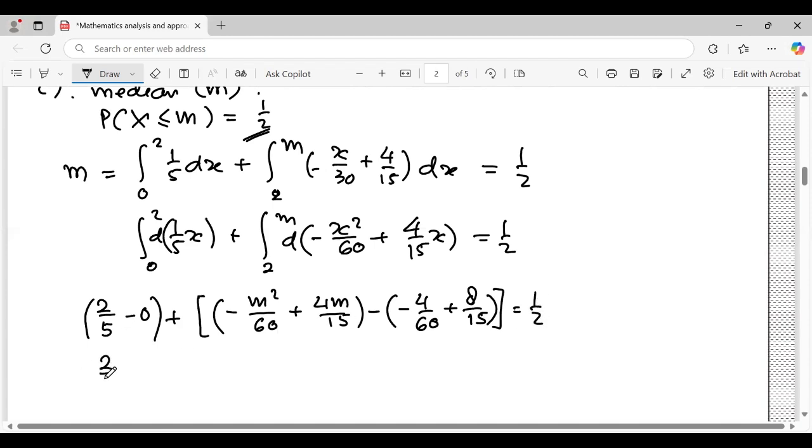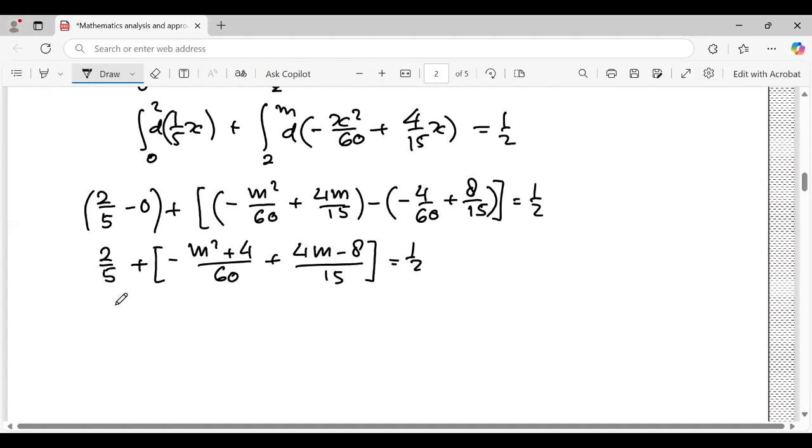And this is 2/5 plus minus m squared plus 4 over 60, with the denominator 60, plus 4m minus 8 over 15, equals 1/2. And it becomes minus 2/5 for this one.